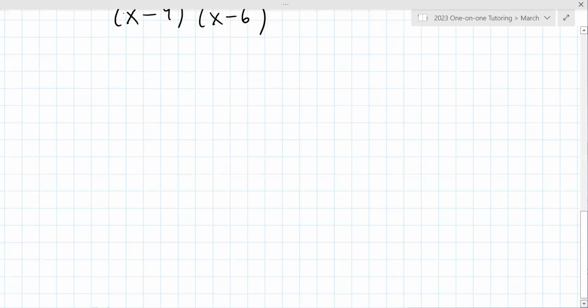All right, so let's look at a new problem here. Let's go x squared minus 5x minus 6. So it's the same rule. It's the same thing that we've been doing here. You have to find two numbers that multiply to the last, but add up to the middle. So that's -6.